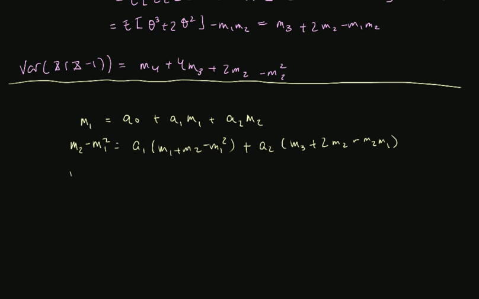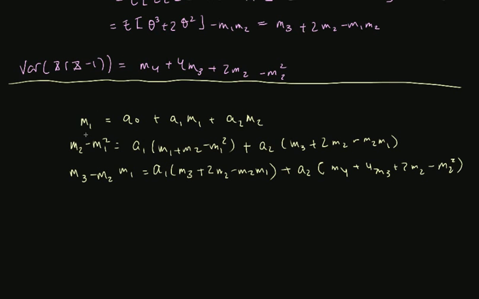And then we have our last equation, which on the left-hand side has the covariance of theta and x minus 1, and on the other hand has a1 multiplied by the covariance of x and x minus 1. And at last has a2 multiplied by the variance of x minus 1, which was something that I was too lazy to calculate and told you guys to do on your own.